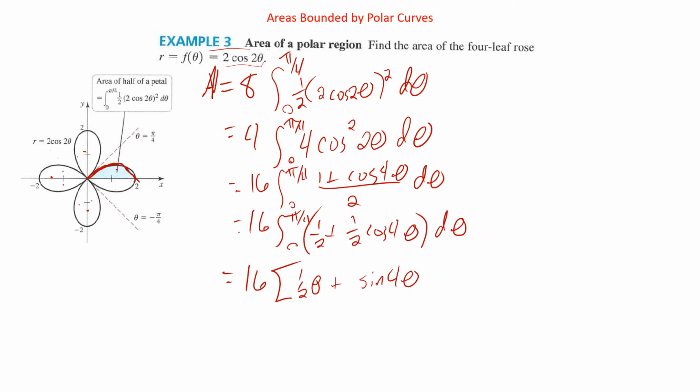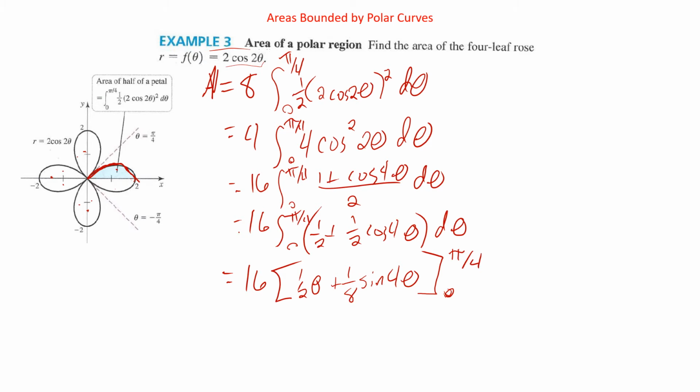The 1/2 will be there, but also there's some u substitution. There's some chain rule going on. If we take the derivative of sine of 4 theta, we'd have cosine of 4 theta times 4. So we need to divide by 4, which would turn that 1/2 into a 1/8. Then 0, pi over 4.